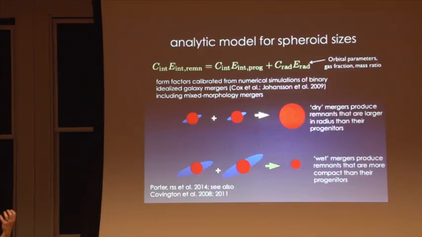Okay, so if you have a gas-rich galaxy, then the remnant is going to be smaller than this, or more compact than the progenitors because of this dissipation. If you have a galaxy with no gas, a gas-poor galaxy, then if you just do this simple calculation, you'll find that it will be less compact than the progenitors.